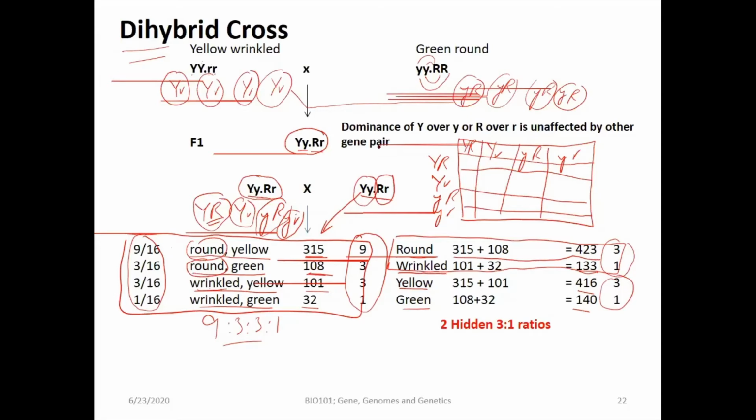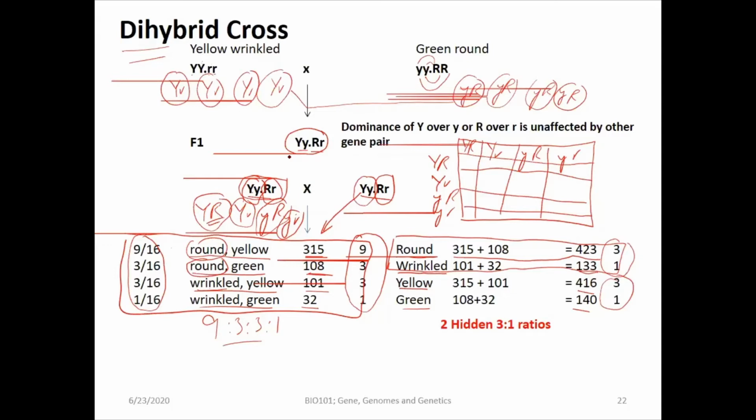We call this the law of independent assortment, which means the two pairs of alleles, independent pairs of alleles, this is one pair of alleles, this is the other pair of alleles, both dictating different traits, inherit independent of each other when they go from parents to offspring.